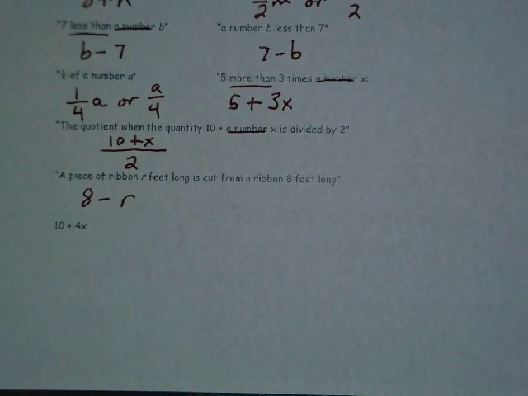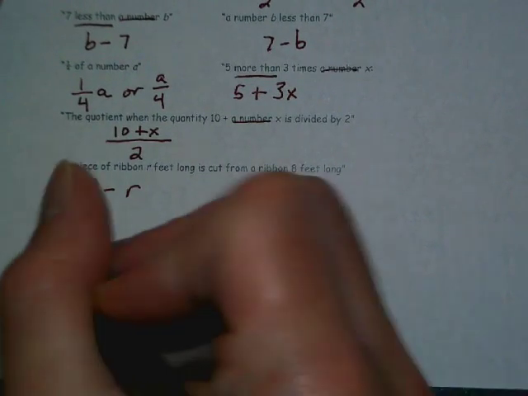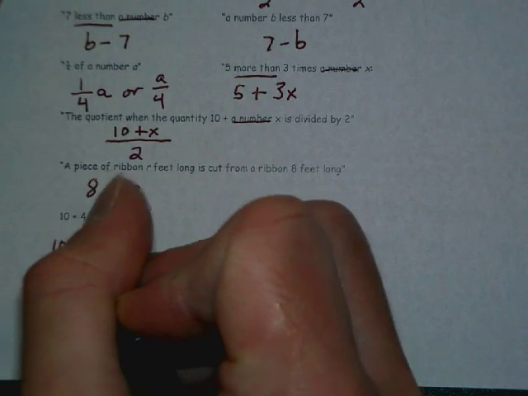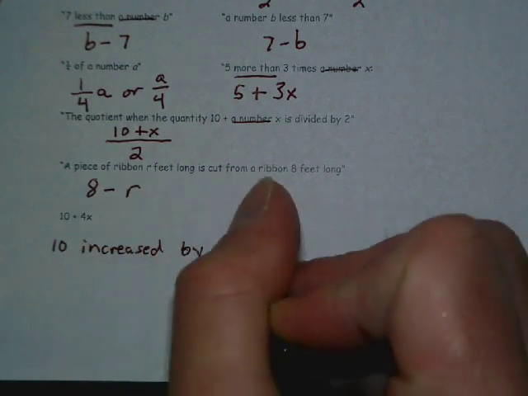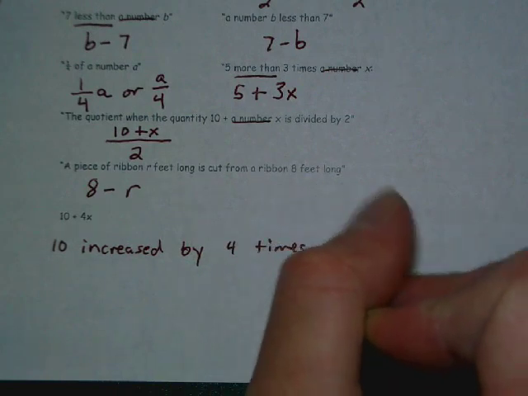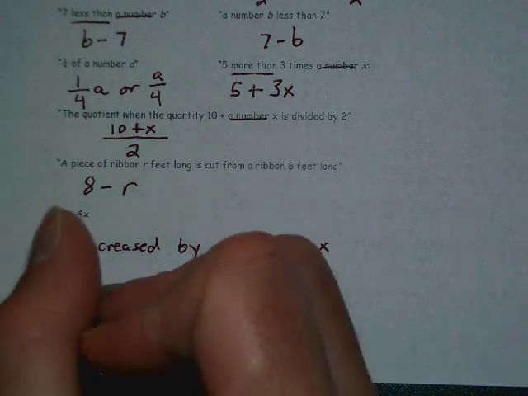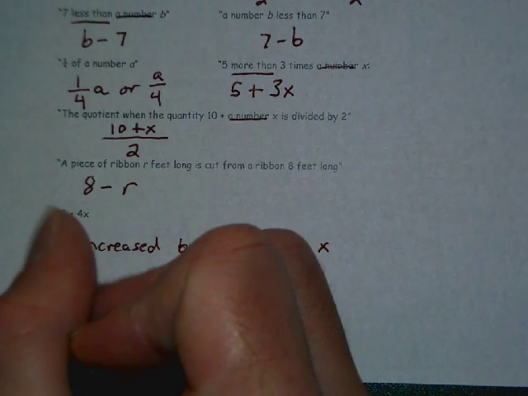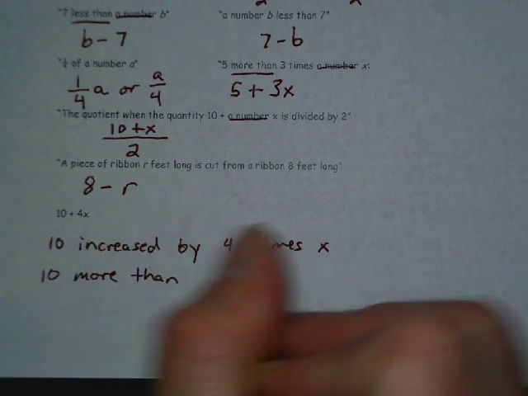And last down there, now we're going to go the opposite way. Now when you go the opposite way, there's a lot of different ways you could write it, because there's a lot of words we could use. So if we have 10 plus 4x, you'd say something like 10 increased by 4 times x. So there'd be one way you could write it. There's really kind of endless ways, probably at least 10.